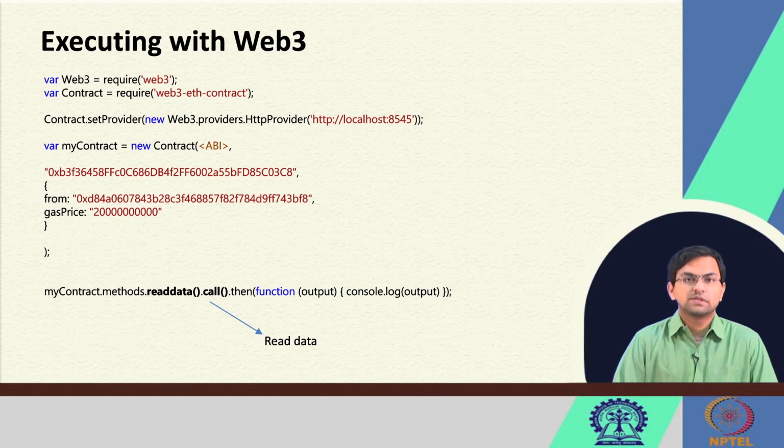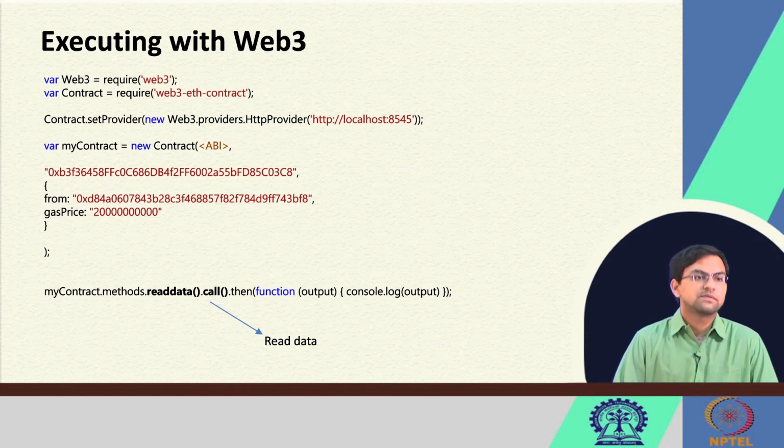If you want to use those smart contracts from a dApp, then you would need to use the ABI as well as the address of the smart contract in the Web3.js library. This sample code shows you how you can use Web3.js to define a smart contract which is already deployed on the network and then execute functions on it.